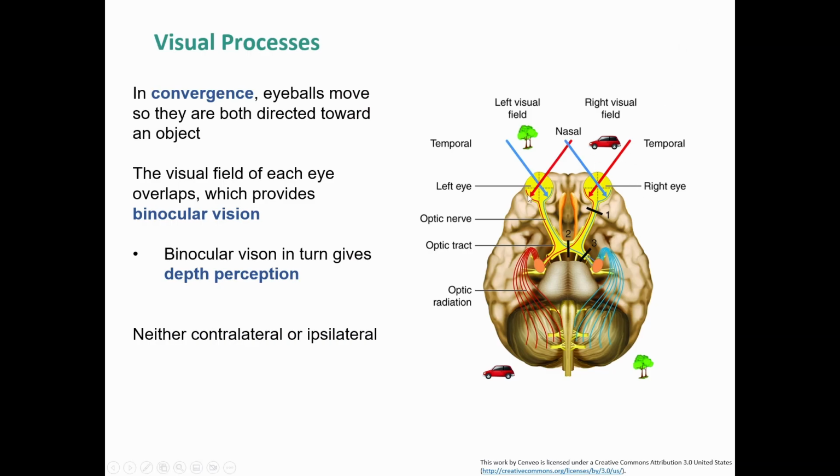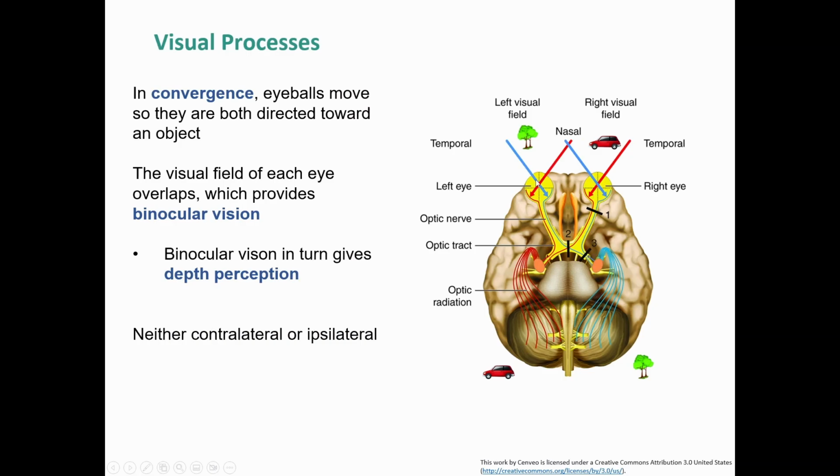If we look here in the picture, we see some information in red. This information in red hits the sides of the eyes, and we see that those 2 red lines are going to be ipsilateral on this side, but in the right eye, we're contralateral. And on the other side, we see the blue pathway, which on the left side is contralateral, but on the right side is ipsilateral.